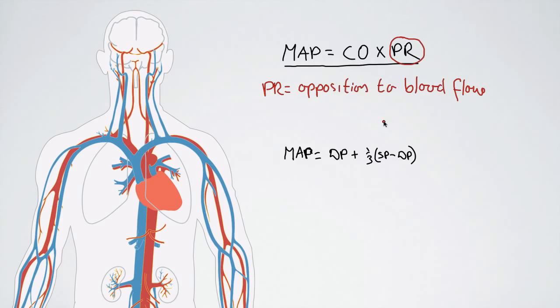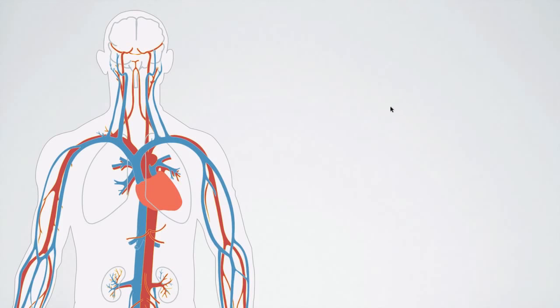All right, so that is what peripheral resistance is. Now, what we're going to do is talk about how we can regulate peripheral resistance. So I said we have the heart, and that sends the blood to the rest of the body. And there are a number of different types of vessels that we can encounter. We have, of course, the aorta, and we've looked at this.